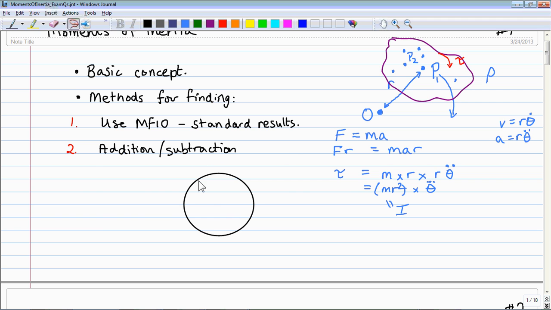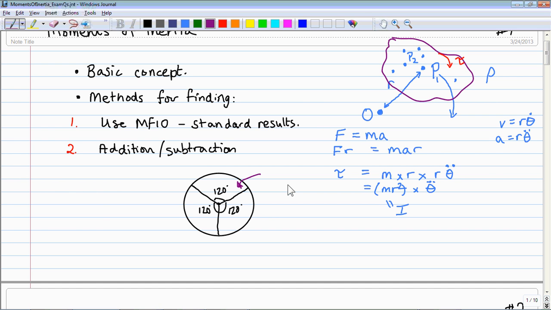We have a formula for that, but suppose the question asks, what's the moment of inertia of part of this circle? There's the center. Suppose we divide the circle into 3 parts. What is that? 120 degrees there, yeah? And suppose they say, we want you to find the moment of inertia of this third of the circle.